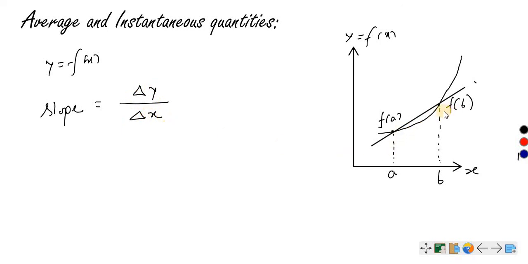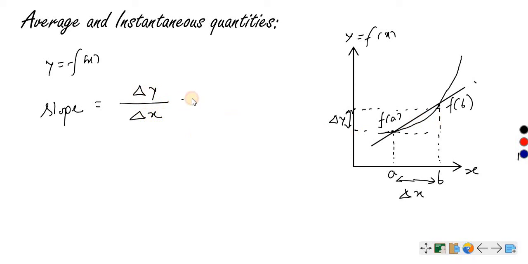This is the change in the y-axis from here to here, and the change in the x-axis from here to here is del x. So this gives me the slope of this line, that is del y by del x.